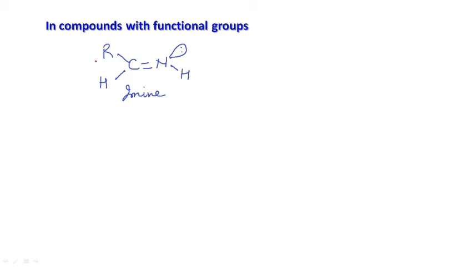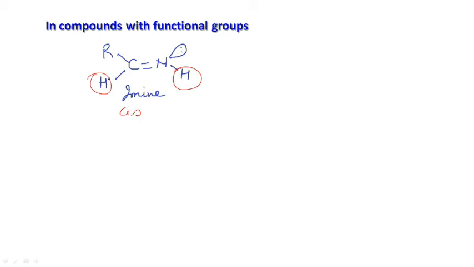Now for compounds with functional groups that have a lone pair of electrons, how do we decide the priority? Here in this case the hydrogen atoms are on the same side, therefore it is cis.